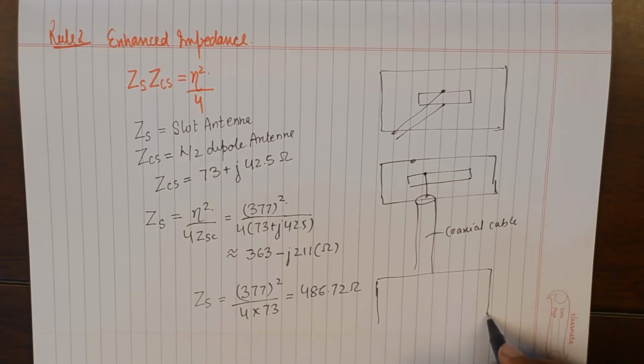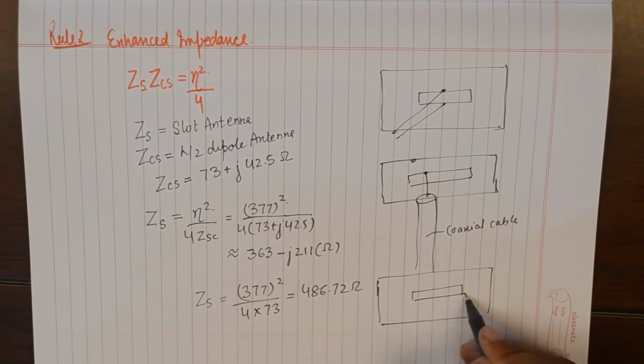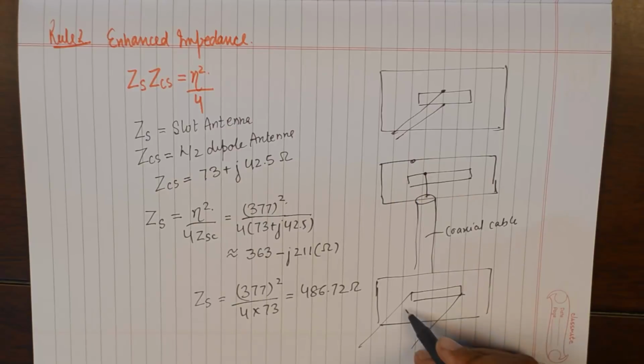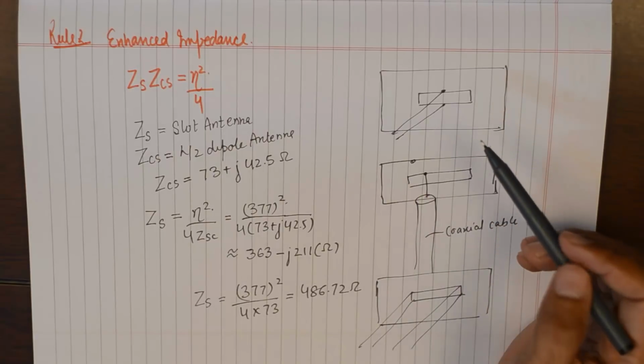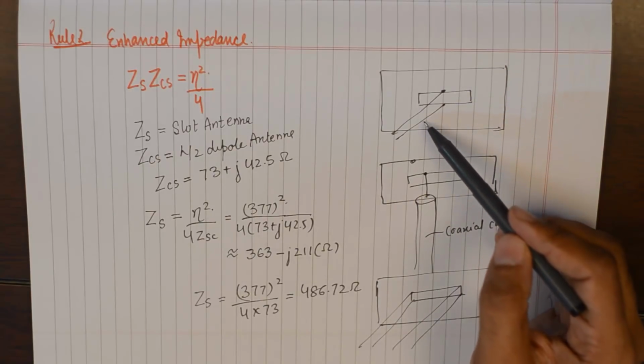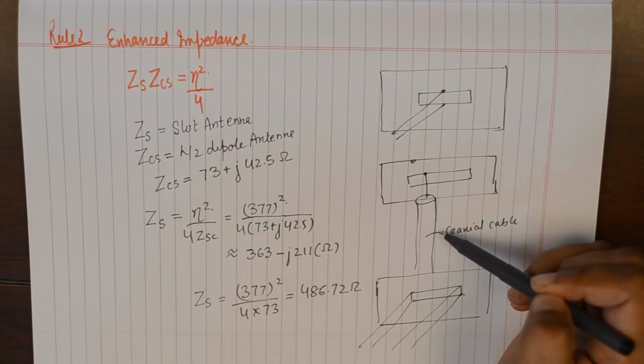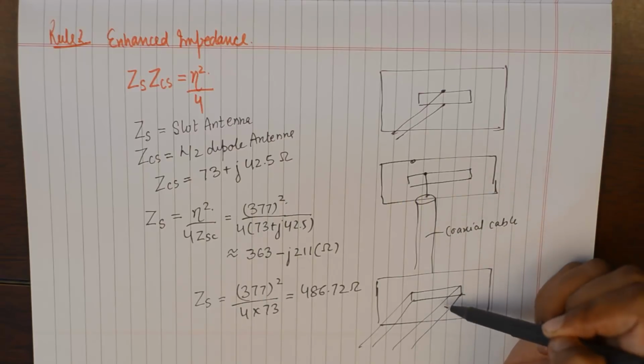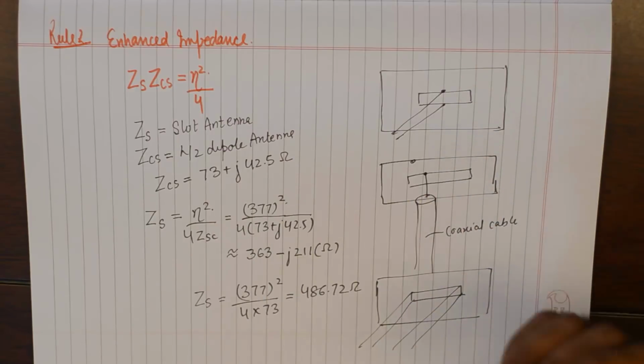Finally, it can be fed through a waveguide. Now, if you are aware of the limitations and advantages of parallel wire transmission over coaxial cable and advantages of a waveguide over these two, then you would understand which feed system would prove to be better than the other.